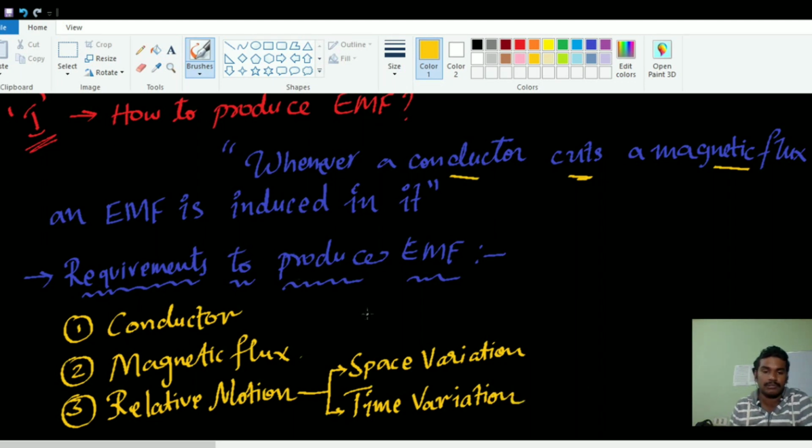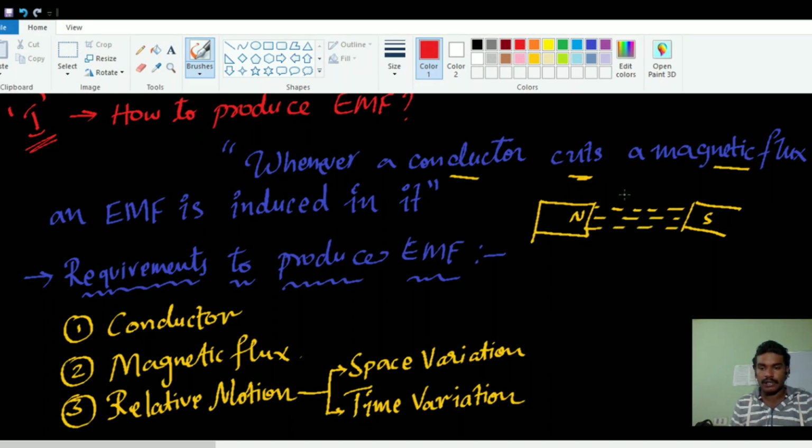Now we will talk about space variation. Space variation means physically, in this space. Say this is a magnet, a north pole, and there is a south pole like this. The flux is traveling in this way.